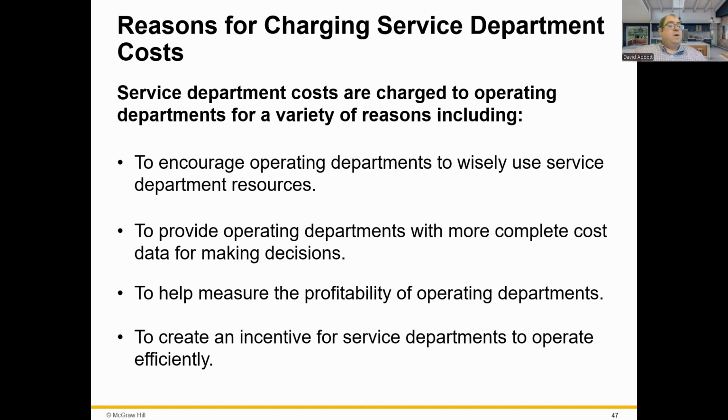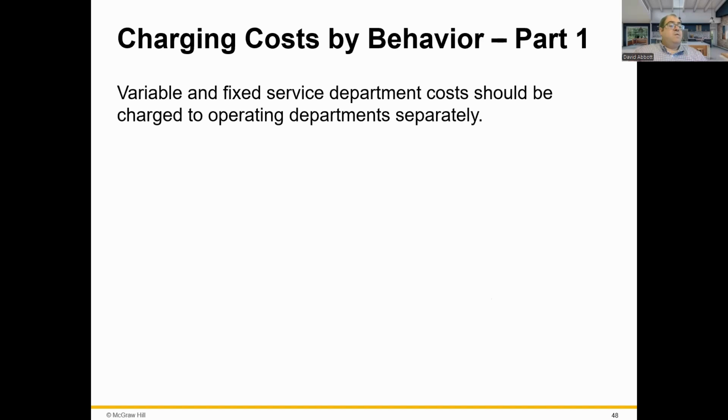And the service department charges covered in this appendix can be viewed as a transfer price that is charged for services provided by service departments to operating departments.